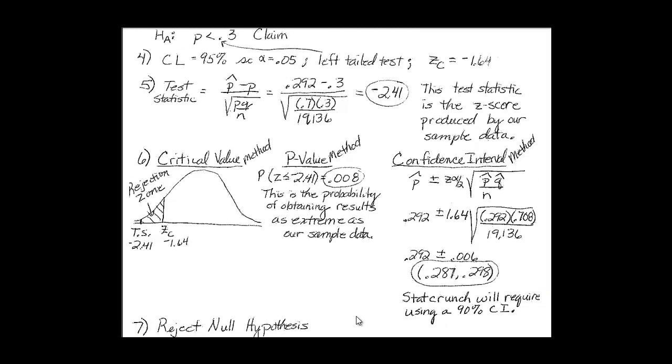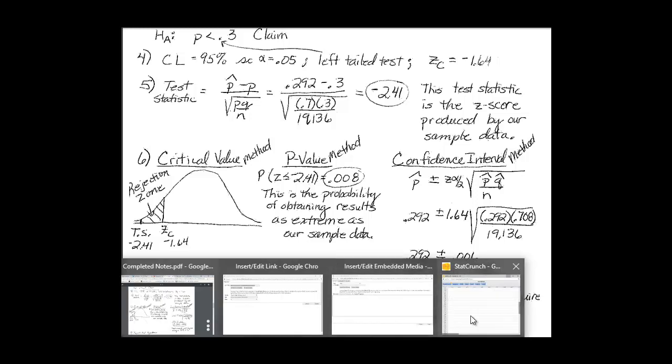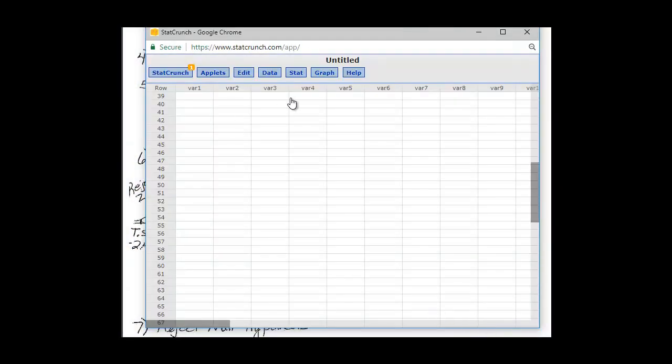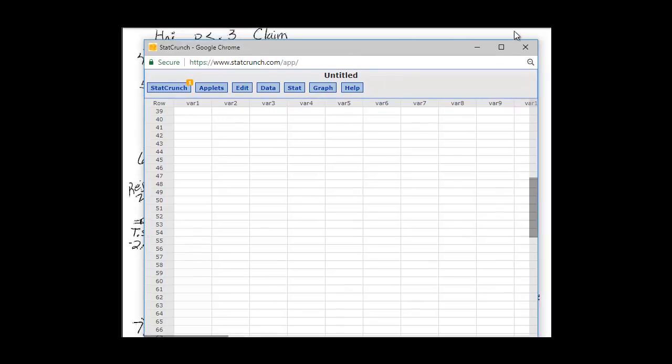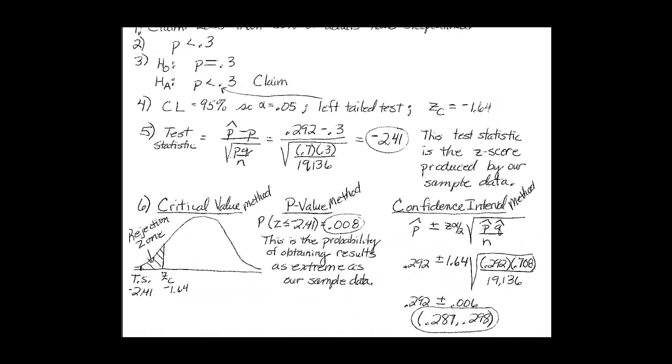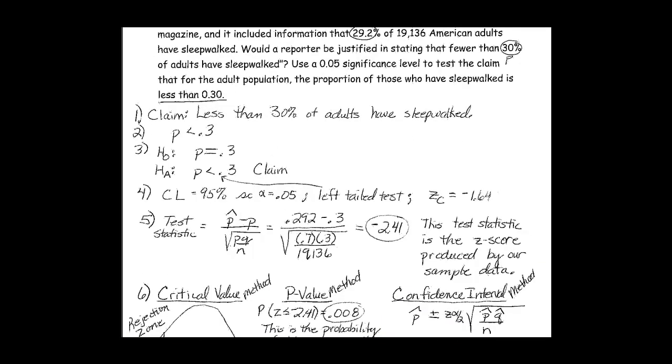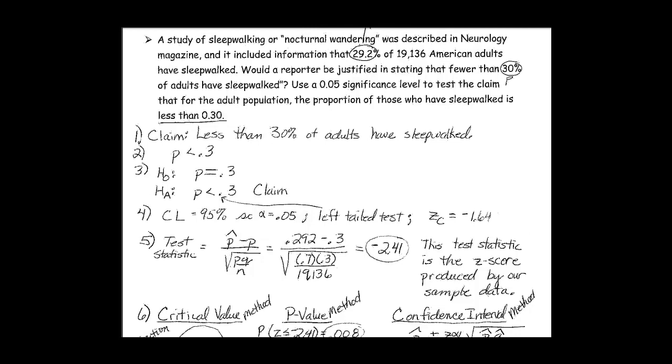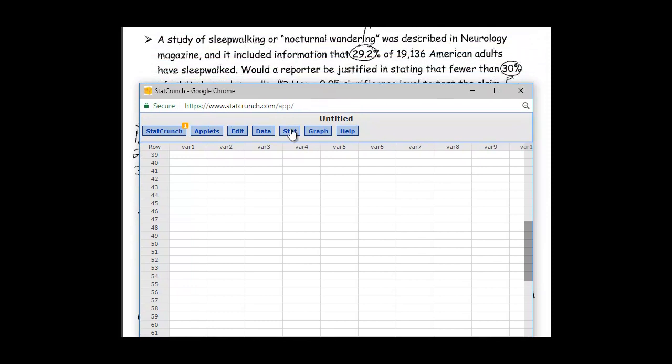Okay, now we need to go into StatCrunch, and I'll show you how you do this particular problem here. I'm going to get back up to this point here. Open that. Okay, so I'm going to go into StatCrunch.